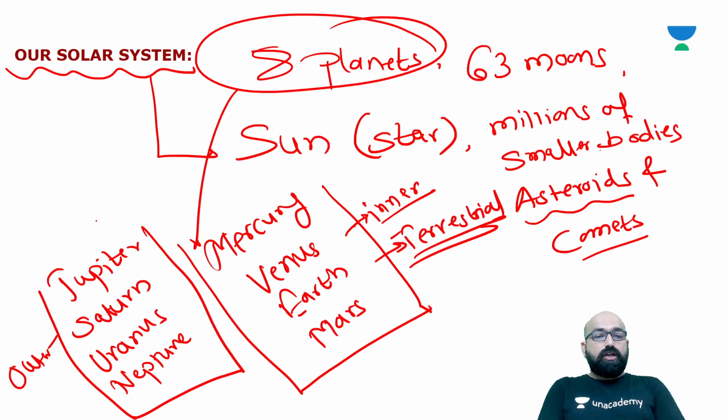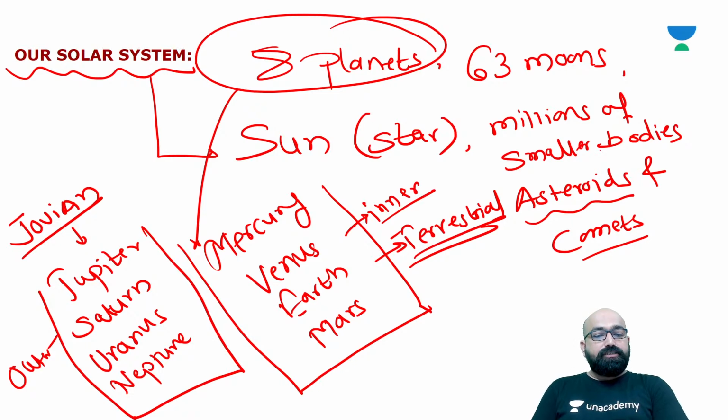The rest 4 are called Jovian or gas giant planets.